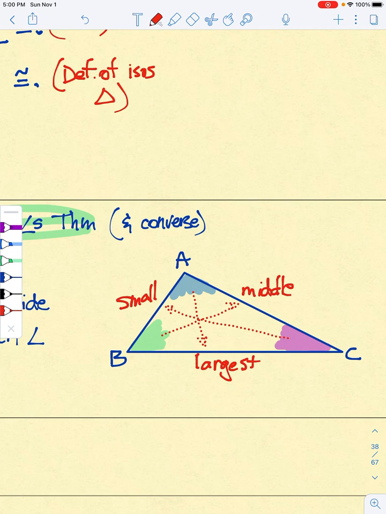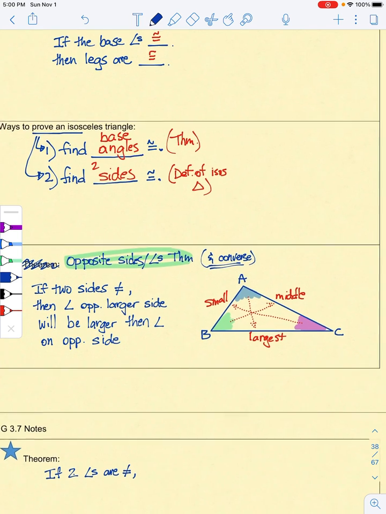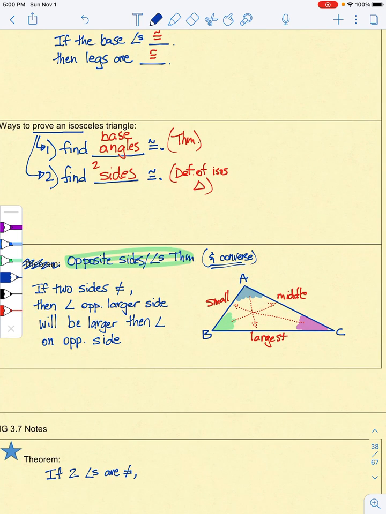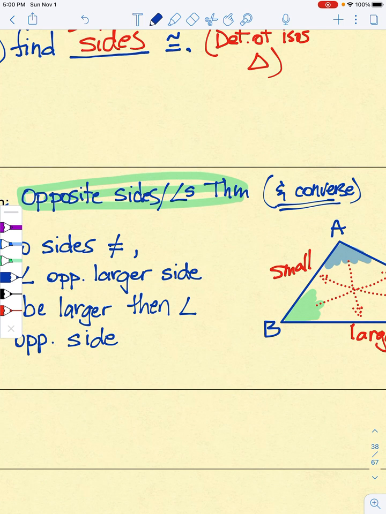Now we can reverse all those and work off of the sides to the angles as well. So that's why I said over here, this works both ways. Yeah? If two sides are unequal, then the angle opposite the larger side will be larger than the angle on the opposite side of the other side. Should add that here. All right.